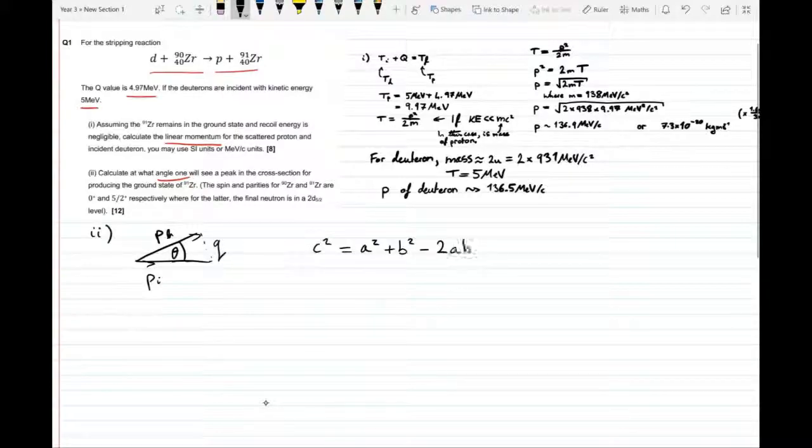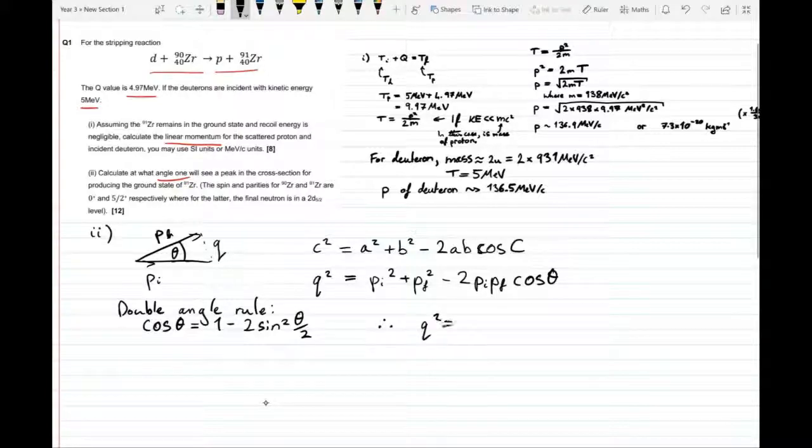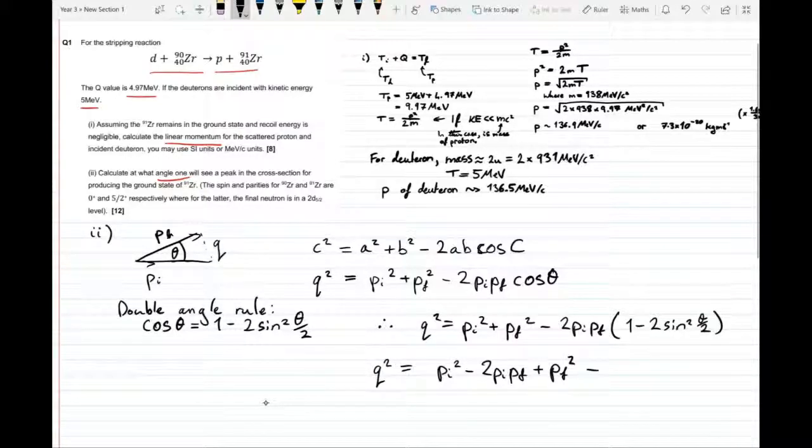To calculate q, we use the cosine rule. We substitute in the double angle rule, and this allows us to simplify it to q squared equals (pi minus pf) squared plus 4 pi pf sine squared theta over 2.